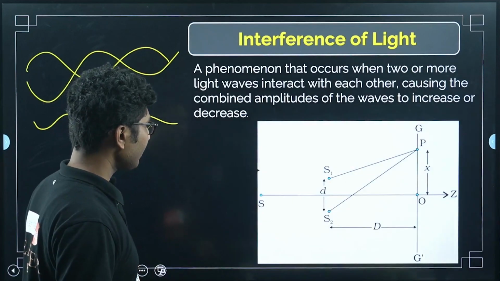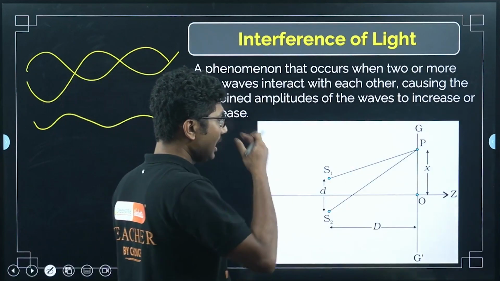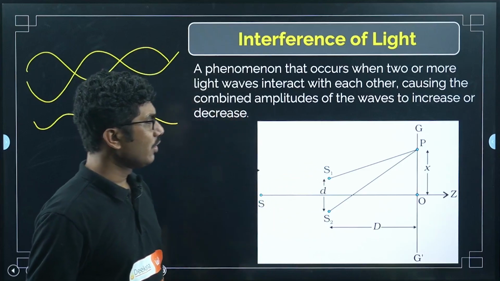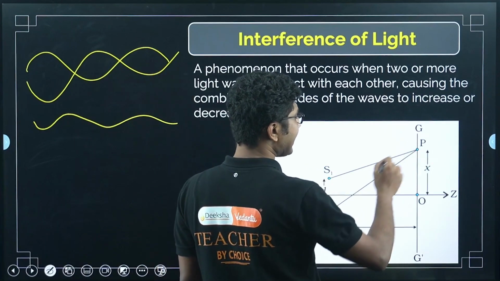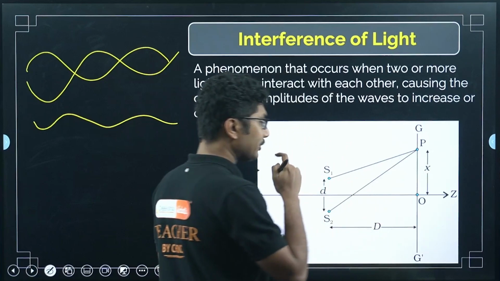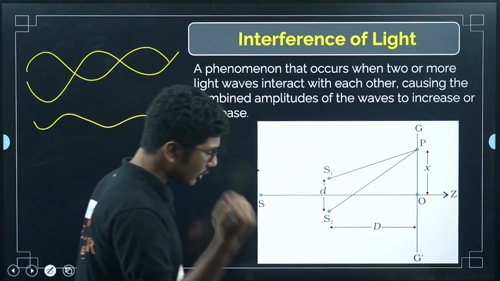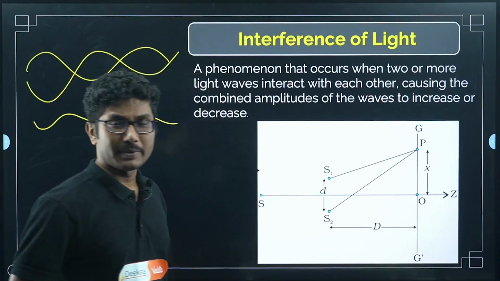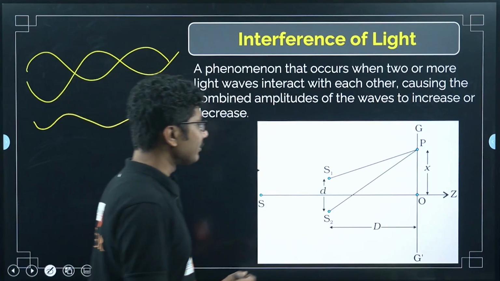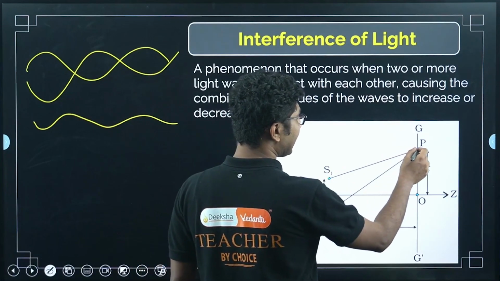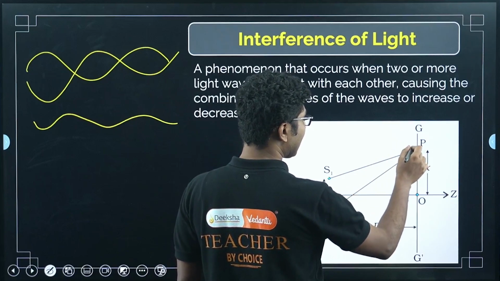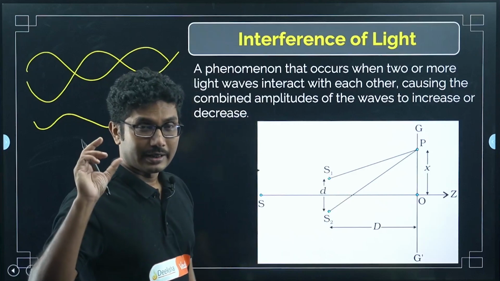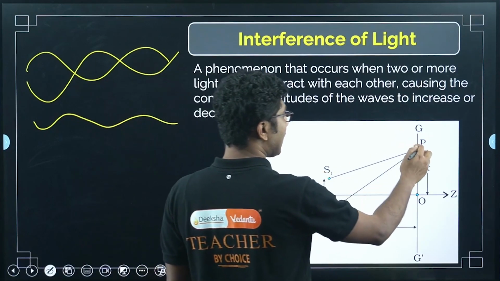Let us look at this diagram. Here we have two coherent sources, S1 and S2. They are both sending light towards some point P. According to Huygens principle, and also ray optics, light can travel in all possible directions from a source. So this is sending light here, and this is also sending light here. There is a fixed phase difference between these two lights at this point.